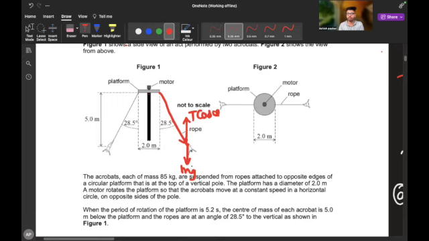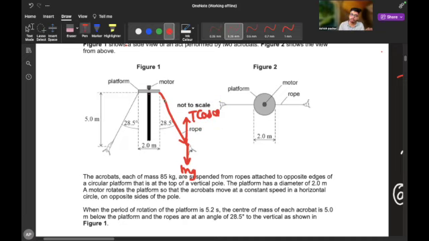What is going to happen? The mg force has increased, so the T cos theta value will increase. Due to that, the T value is going to increase because theta is fixed. Theta is not going to change, since theta doesn't depend upon the mass. So basically the tension force will increase.